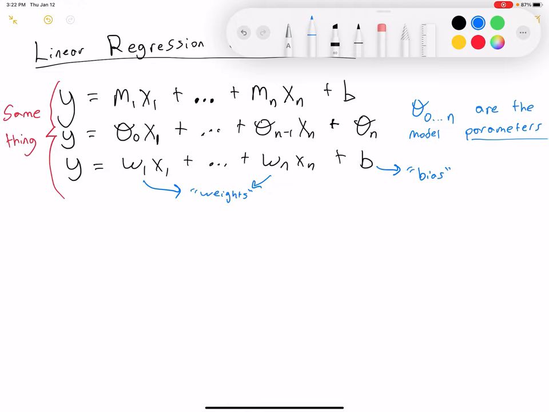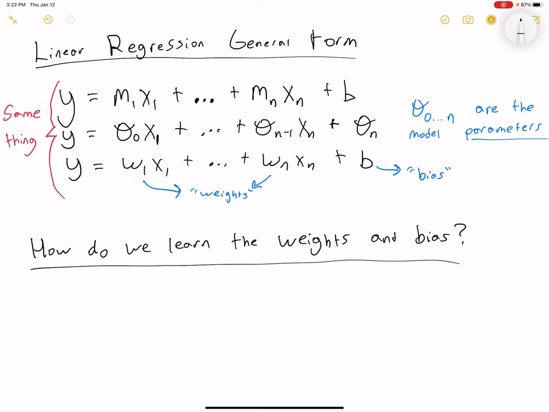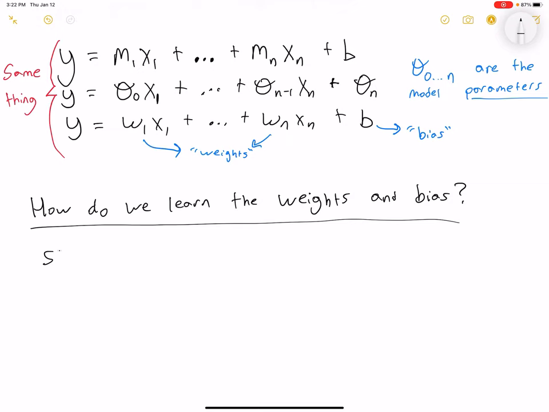So the short answer to the question of how do we learn the weights and bias, which is all that we'll cover today, and we'll get to the long answer in a future class, is to optimize a loss function. New vocabulary word.